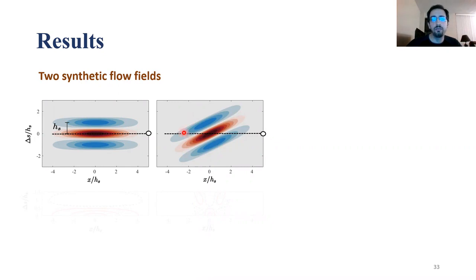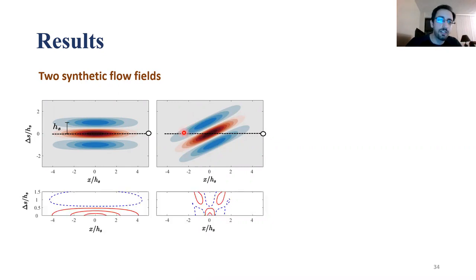So then we calculated the correlation maps for the flow fields associated with these two structures. And this is what we get.